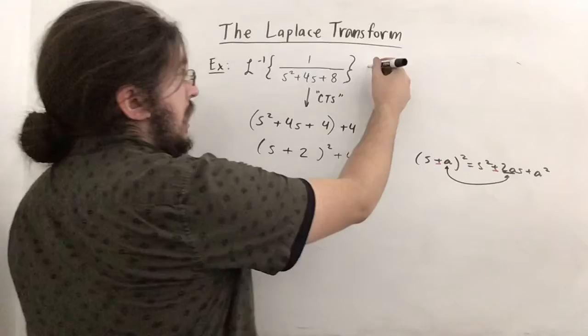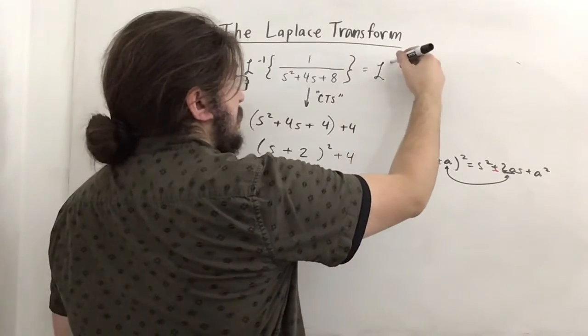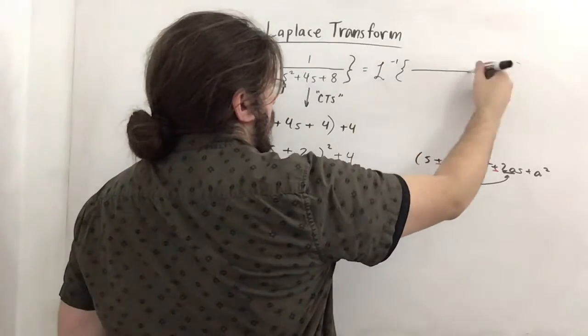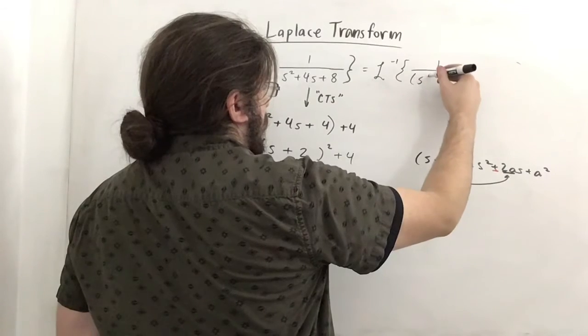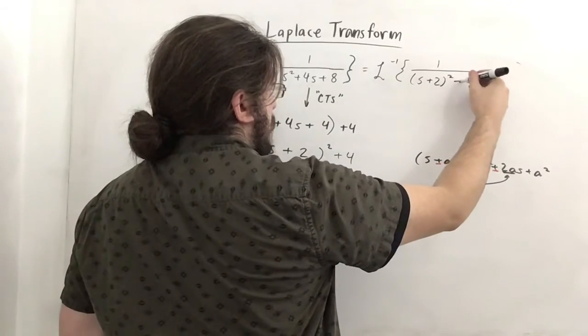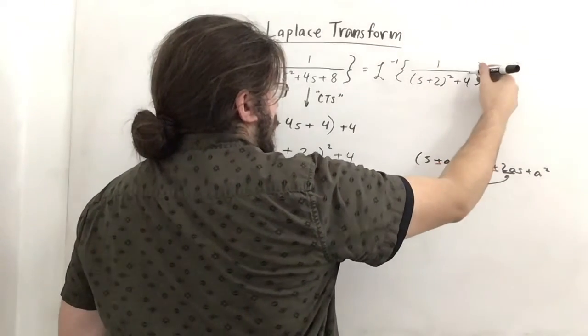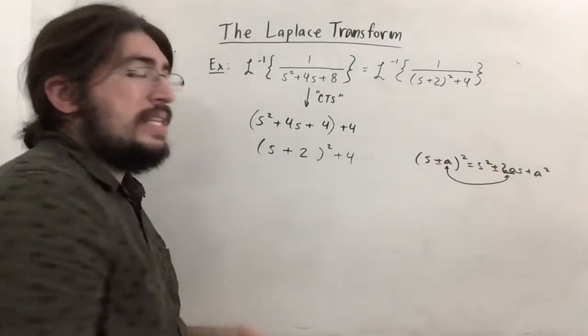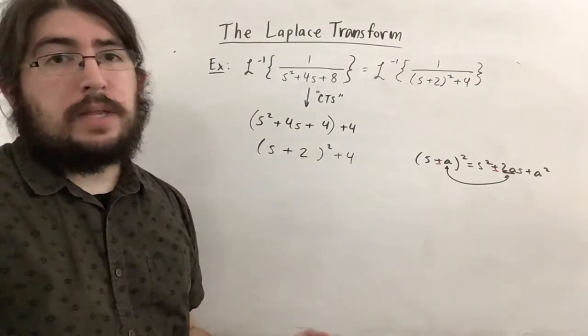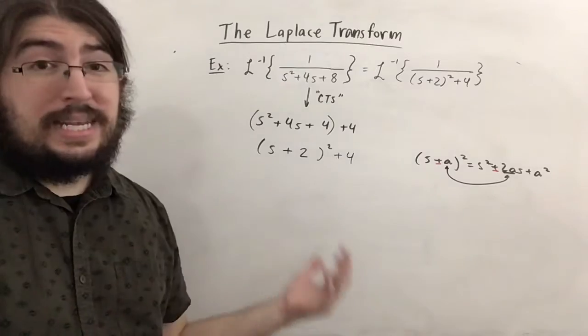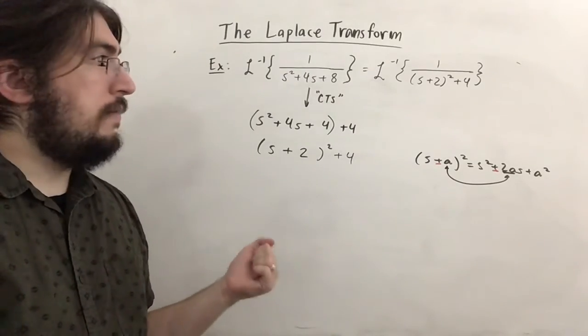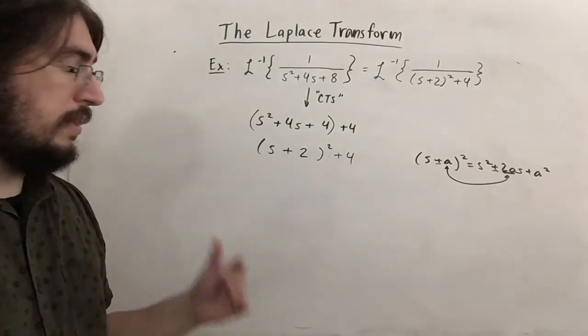So now what we can say is our denominator is of the form s plus 2 squared plus 4. Now, I haven't written this in the Laplace inverse table I showed you, but I did for the Laplace of values.